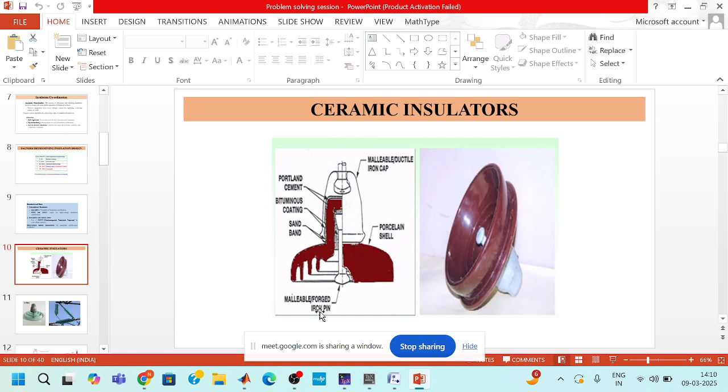Here also a malleable or forged iron pin is attached, and this is the iron cap. This is the structure of ceramic insulators, which are traditional insulators, used earlier when transmission insulators came into the picture.